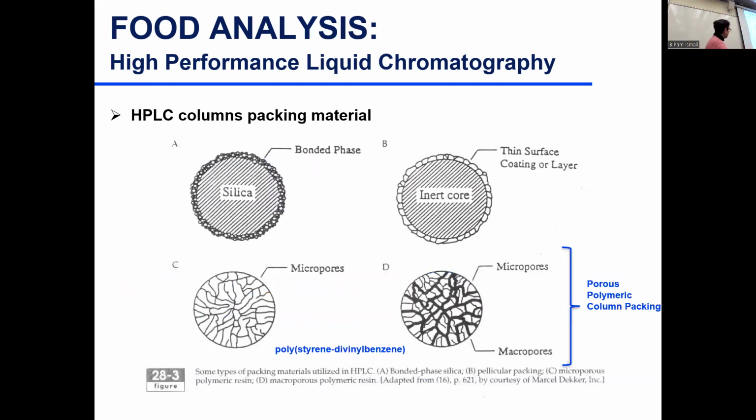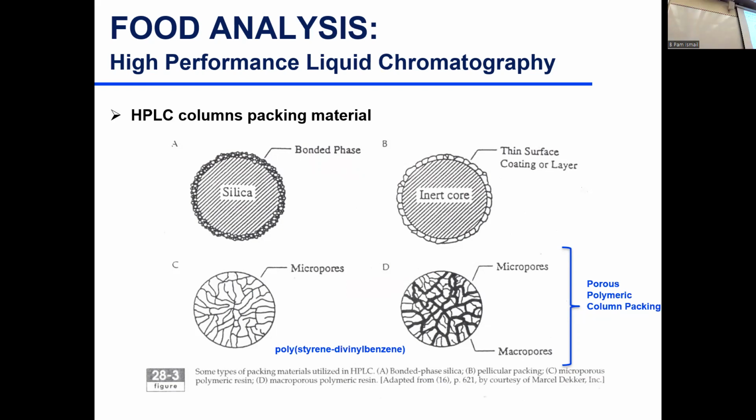Now the porous type, where the whole system is interacting with your analytes, you have micropore. We talked about polystyrene divinylbenzene last time, and these are porous, but usually small molecular or micropore, so small diameters. Okay, so for smaller molecules.